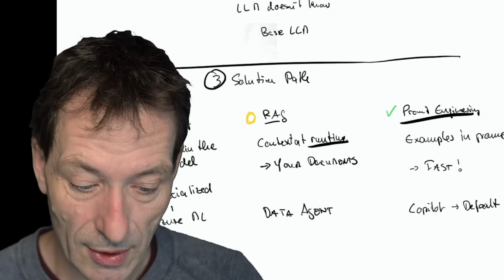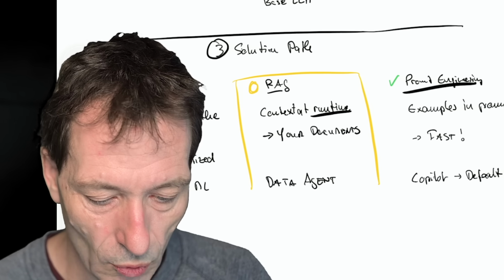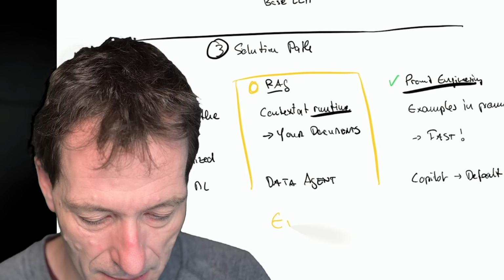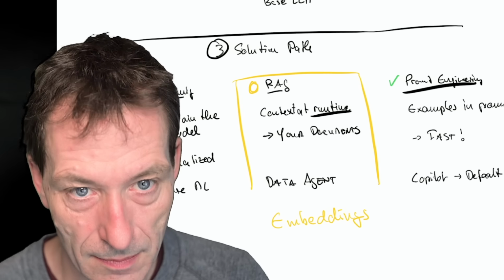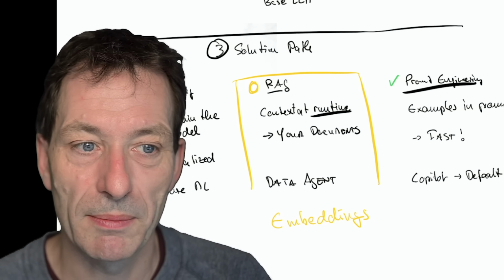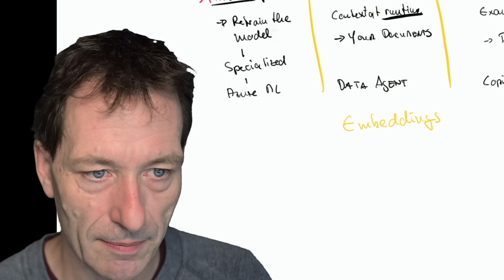To understand RAG, we need to understand embeddings. Once we have understood embeddings, it will be much easier to get the maximum out of RAG.